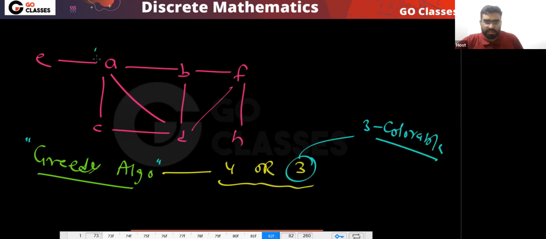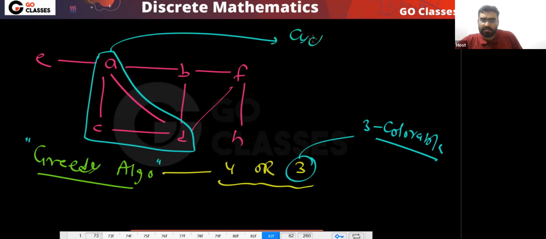And this cycle, if you notice, this is your cycle C3, or I can say a triangle, or I can say this is K3.